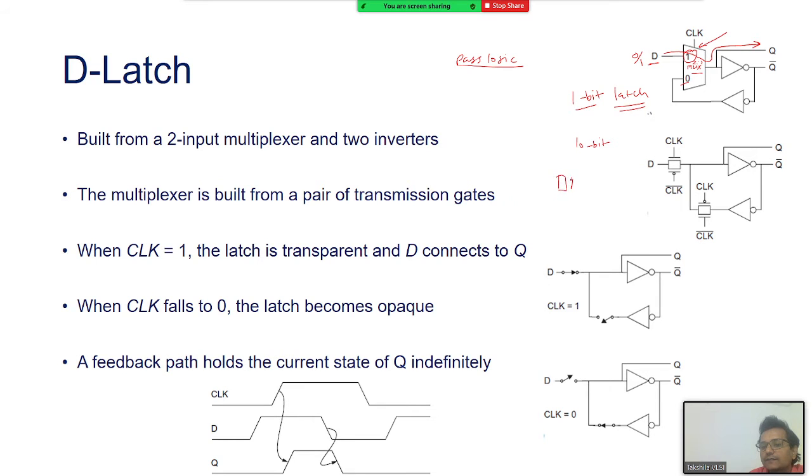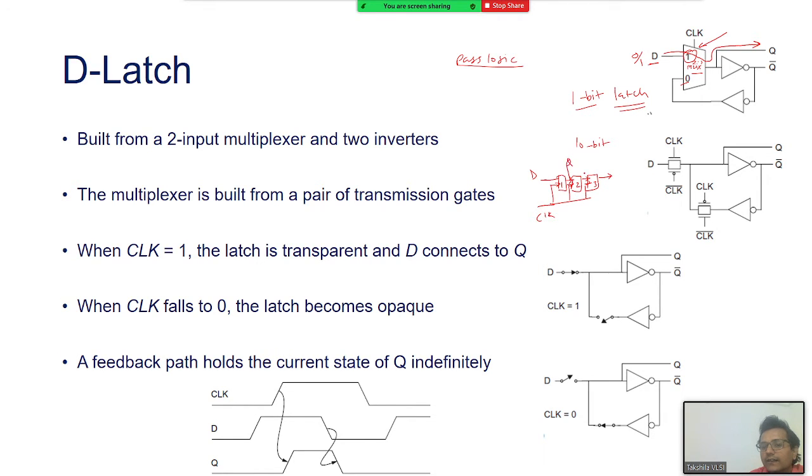So if I use 3 latches, each can store one bit of information: latch 1, latch 2 and latch 3, and I have a clock signal to each of them. This is the clock, right? Based on the clock I apply, and I have a data input D, and the output of it is fed to here, fed to here and fed to here. We'll see it in more detail.